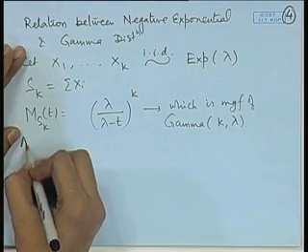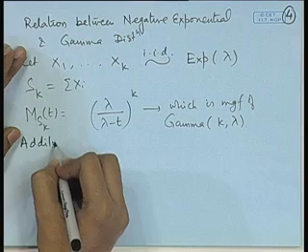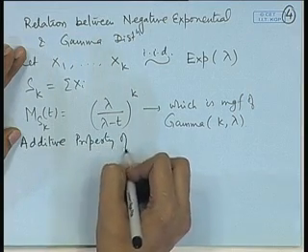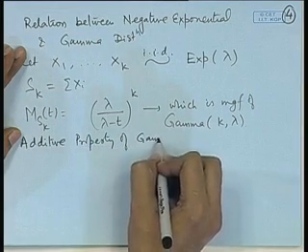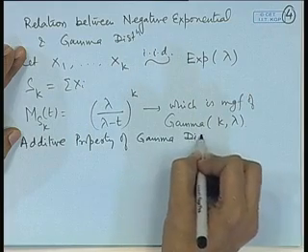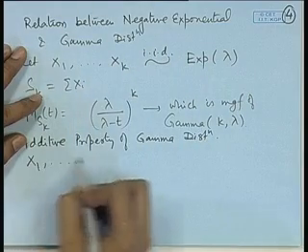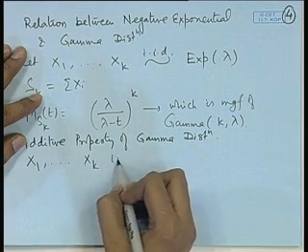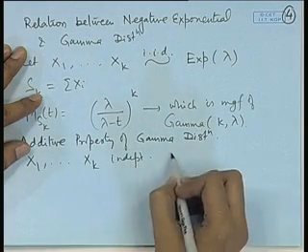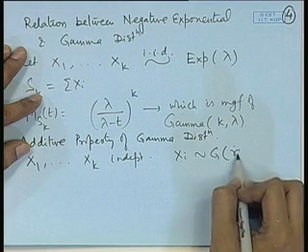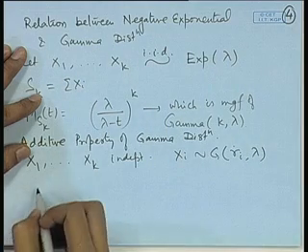Likewise, we can prove the additive property of gamma distributions also. Once again, here we can consider X1, X2, ..., Xk independent, and Xi follows gamma with parameters ri and lambda.